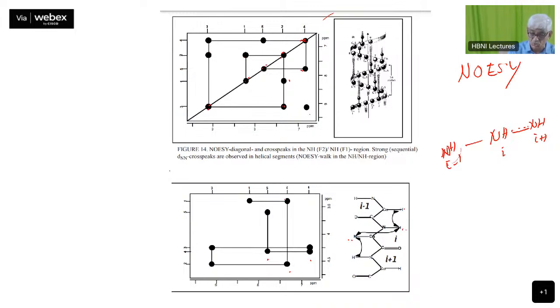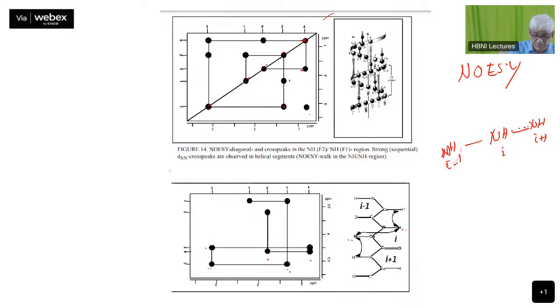From here you go to 2. So 2 has this sequential peak from 2 NH to 1, and this is the self peak of 2 NH to its own. Then you go horizontally, you come here, you come to residue number 3. This is the sequential peak to residue number 2, and this is the self peak of residue number 3. That is indicated here on the side also.